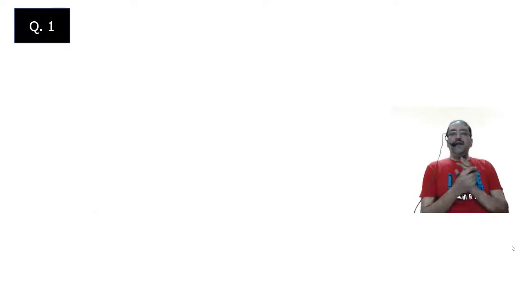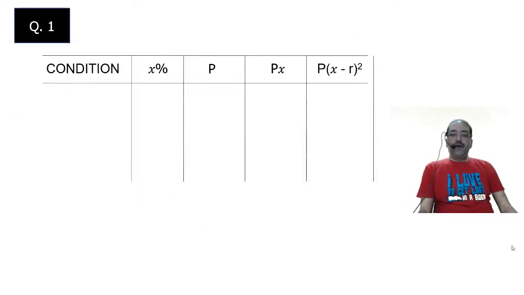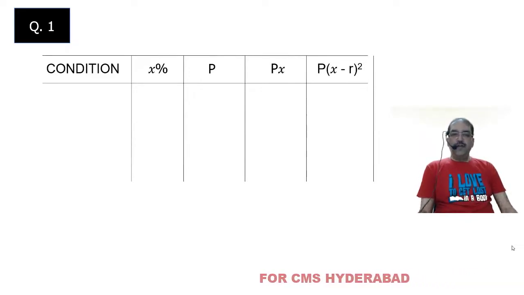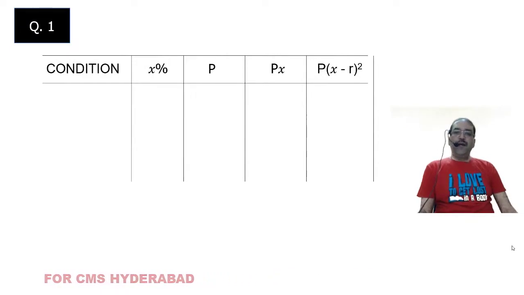Let us now see how to solve question number 1. The first thing we need to do is prepare a table. This table will have 5 columns: condition, X values, P values, product of the two, and then for the calculation of standard deviation, we require probability into the square of the deviations.